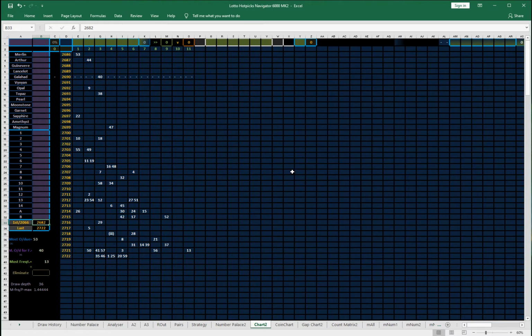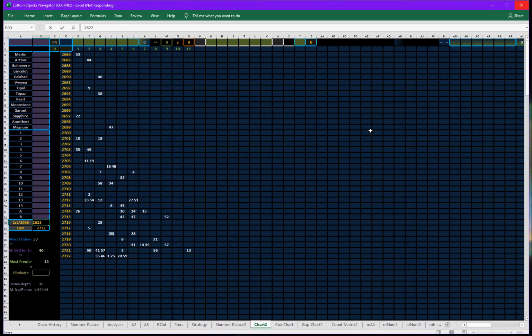People like to look at, for instance, the frequencies of the numbers just in the last 100 draws. Now, I don't know if they still do it, but that's what they used to feature on the National Lottery website. They would tell you how many times each number has occurred in the last 100 draws.